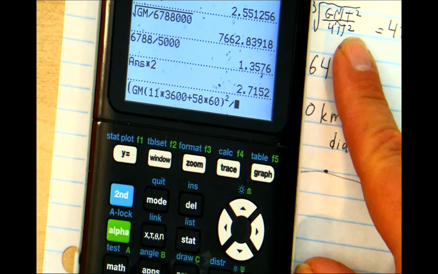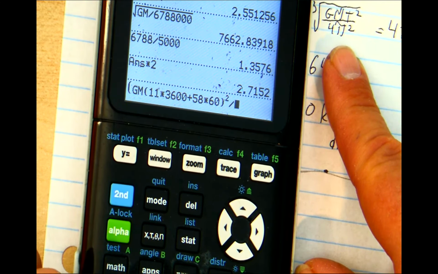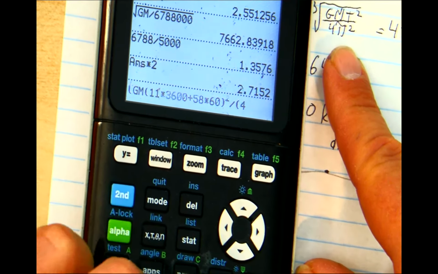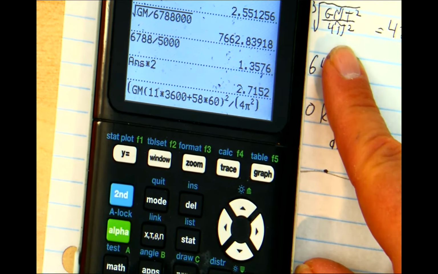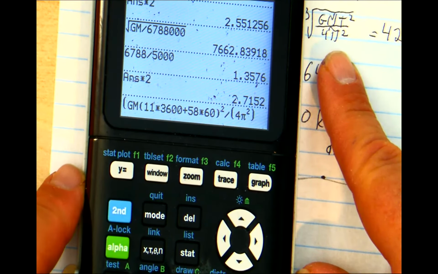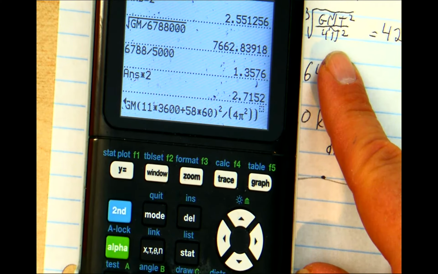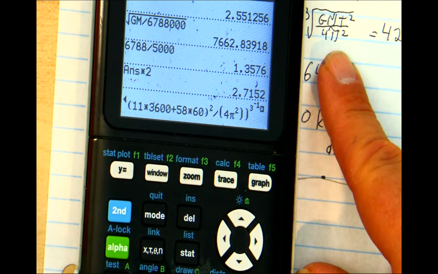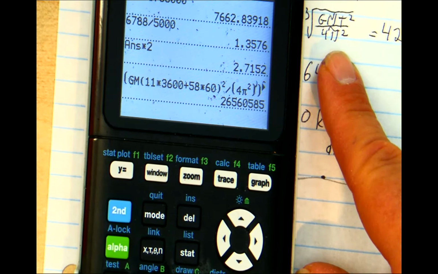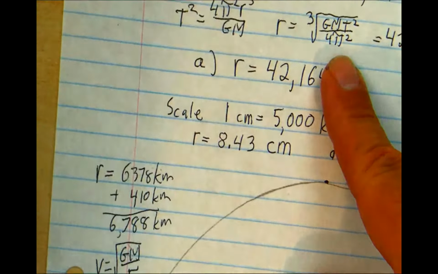Now divide that numerator by 4 times pi squared, in parentheses, and now all of that is in the denominator. Close the outermost parentheses and raise this entire expression to the 1/3 power, or take the cube root. There's the answer in units of meters.